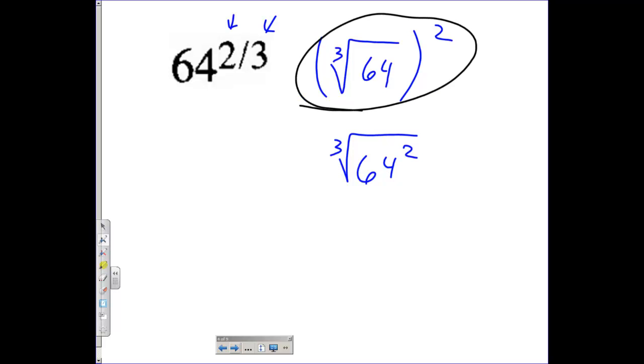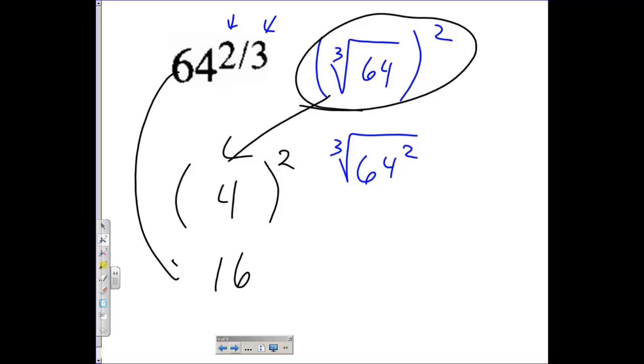I'd rather do the third root of 64. I happen to know what that is. That happens to be 4. So when I simplify it, instead of the third root of 64, I get 4 raised to the second power, which is 16. So 64 to the 2/3 power is equal to 16.